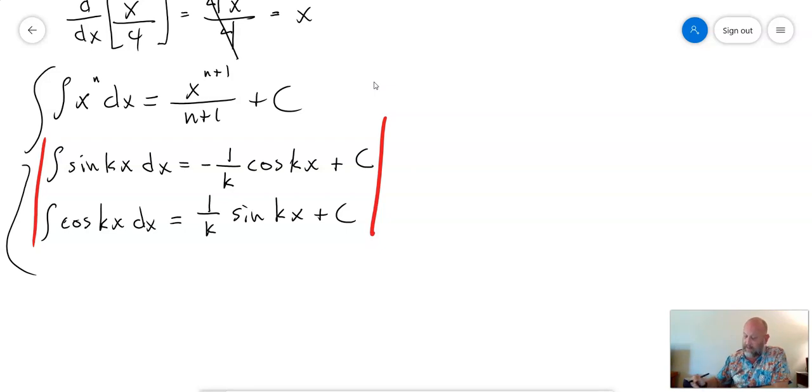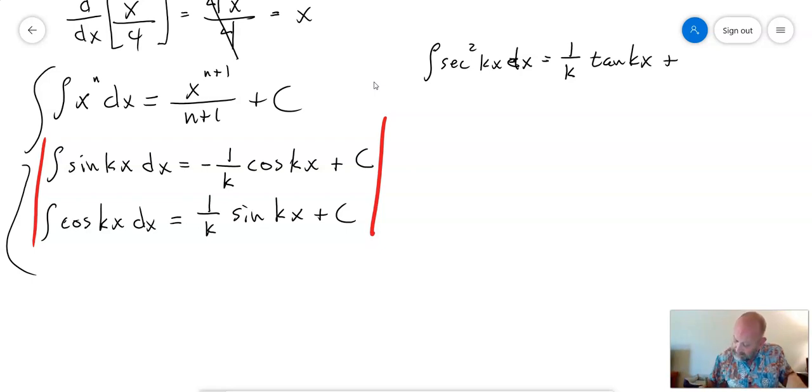Now, some other ones that might be useful. I jotted them down here. The integral of secant squared kx dx is going to be 1 over k tangent kx plus a constant.